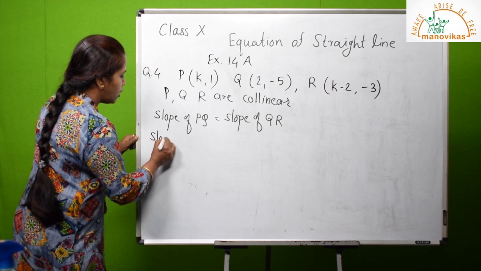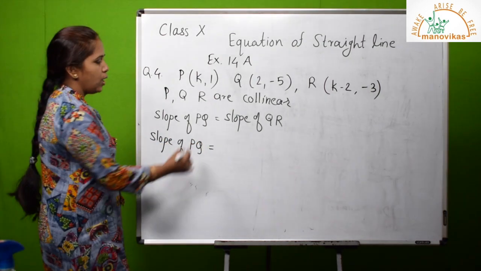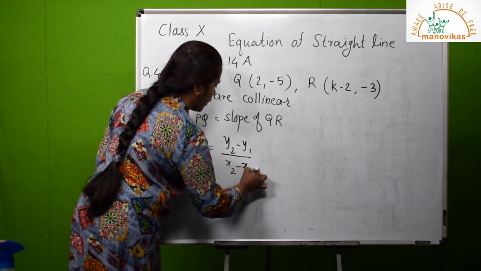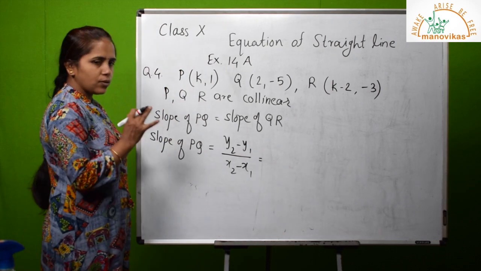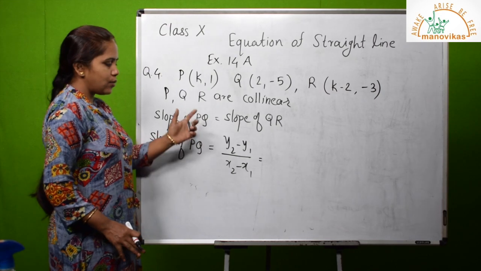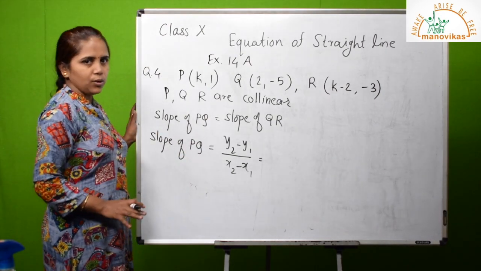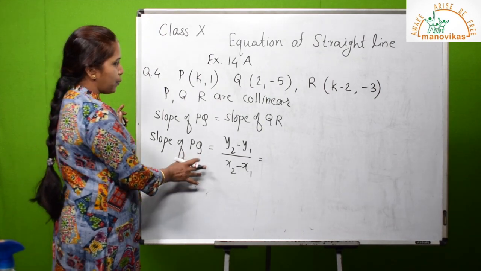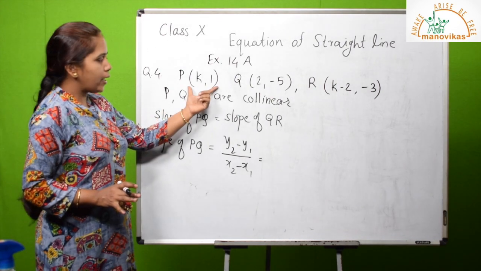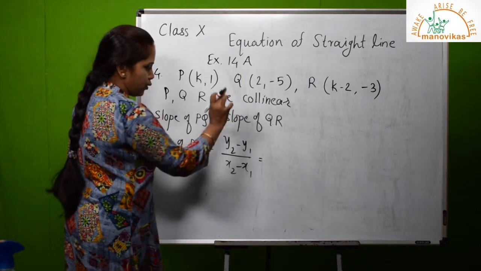Now what will be the slope of PQ? Again the formula is y2 minus y1 upon x2 minus x1. Every time first write down the formula. If any mistake happens, you can recognize where you went wrong. So first write down the formula and then substitute the values. Now for P and Q, for P, k, 1, that is x1 y1 point, and this is x2 y2.